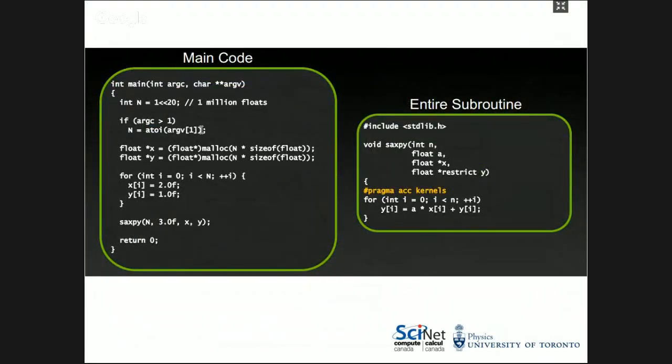So let's see an example. In this case, again, I'm going to just do a times x plus y kind of routine. So the main code is just for the variable, for the vectors, allocation, and then the computation, and then the call to the routine. Okay. So basically, this is allocation of memory with mallocs, and finally here is the initialization, and then the call to the routine.